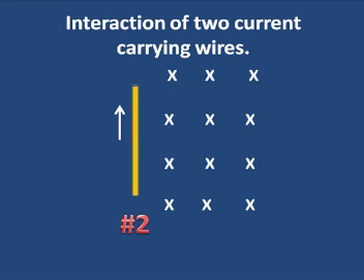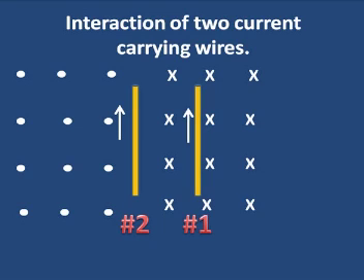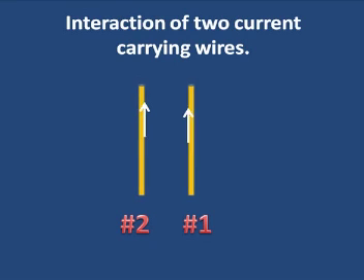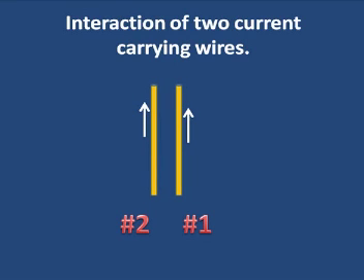And we draw the magnetic field around wire 2, and this is what it looks like. And so wire number 1 finds itself in the presence of a magnetic field going into the page. So I use my right-hand rule, my index finger's pointing up, my middle finger's pointing into the page. That wire feels a force to the left. So these two wires, when they carry current like that, move towards each other.